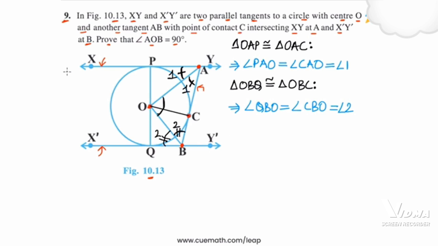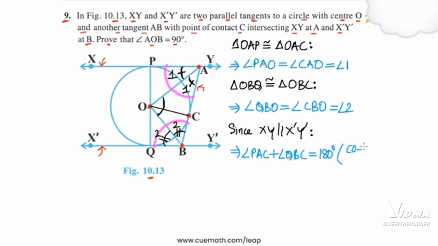Now because xy and x dash y dash are parallel, it follows that this whole angle PAC plus this whole angle QBC, their sum must be equal to 180 degrees. So let's write this. Since xy is parallel to x dash y dash, it follows that angle PAC plus angle QBC is equal to 180 degrees. And why is that?